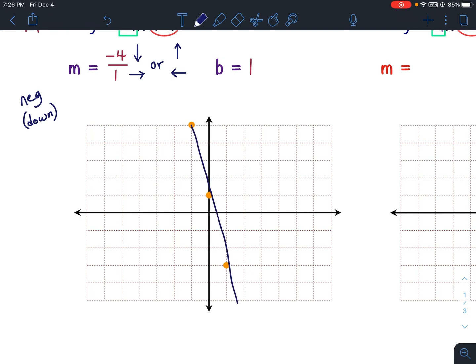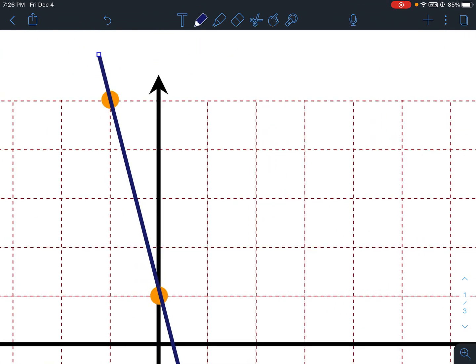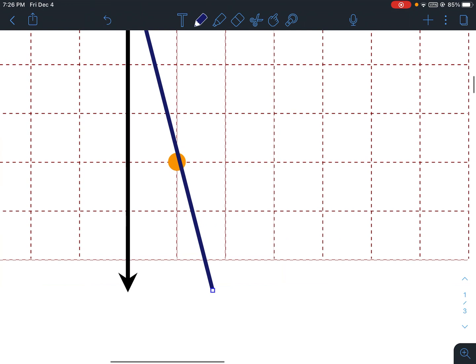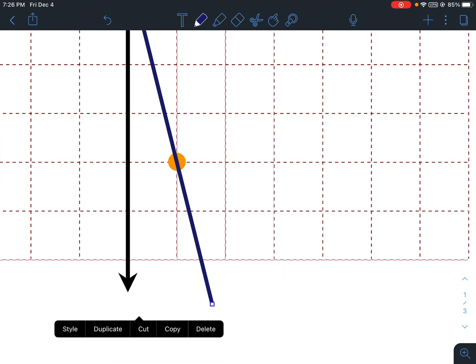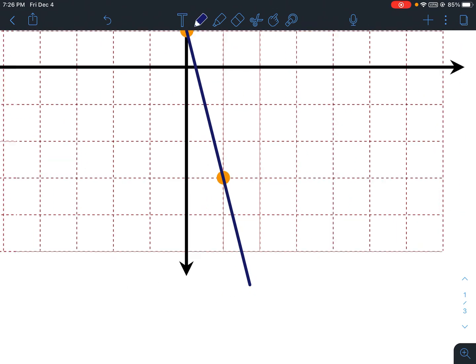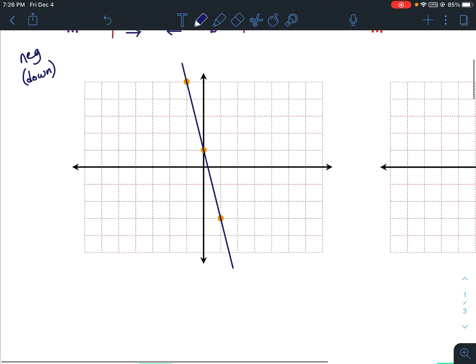If you're doing this on paper, make sure you're using your straight edge. Again, sometimes it is easier to zoom in to make sure you're getting the line to go through the center. And then when you're done, put arrows on the end of your graph.